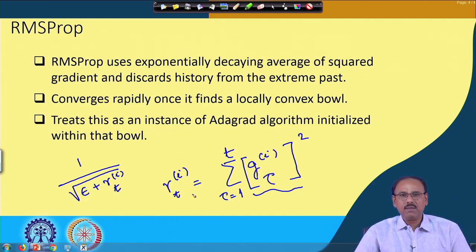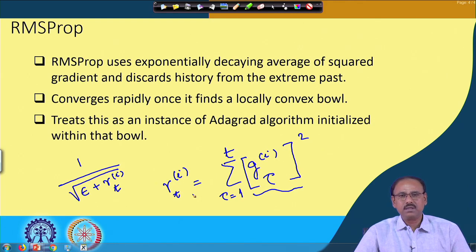And in case of RMSProp, instead of using this cumulative or accumulative sum of squared gradients, RMSProp takes an exponentially decaying average of the squared gradient, and it does not consider the extreme past histories while accumulating the sum of squared gradients.